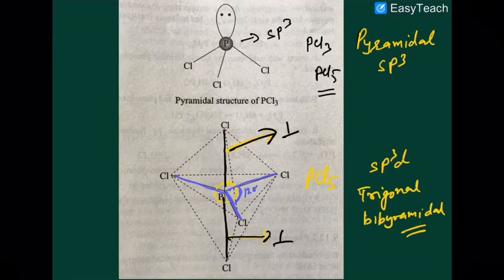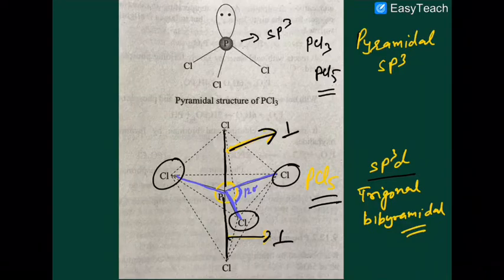So in case of PCl5, three chlorines are equatorial and these two chlorines are axial.